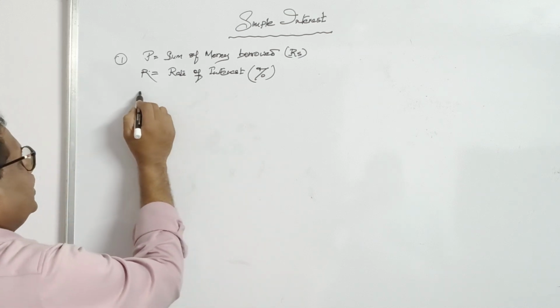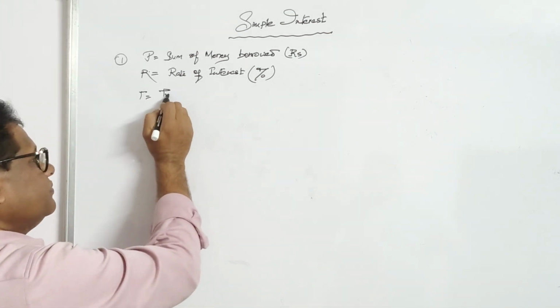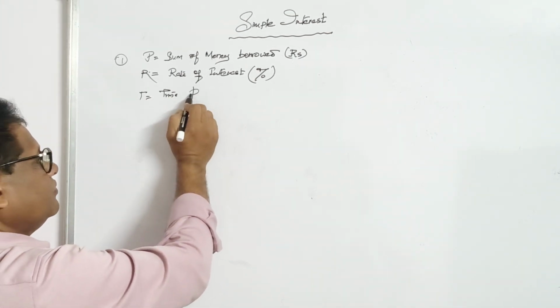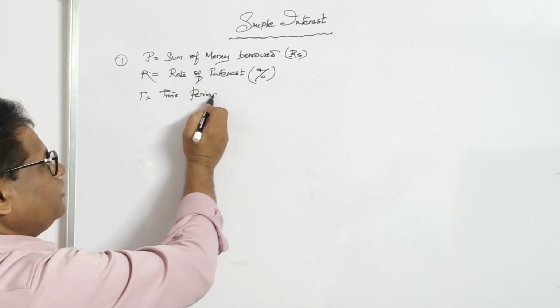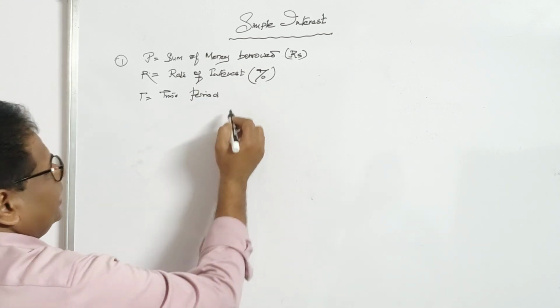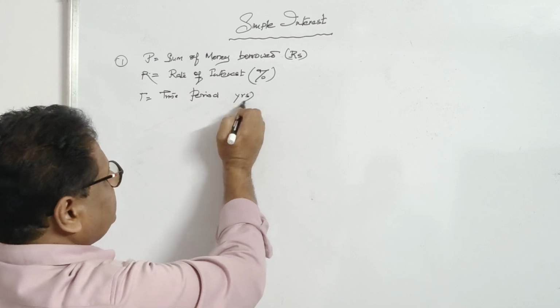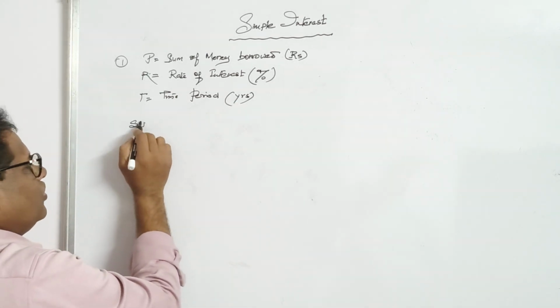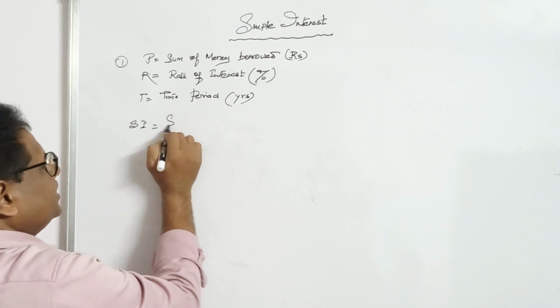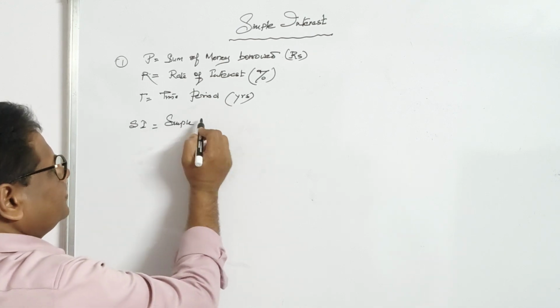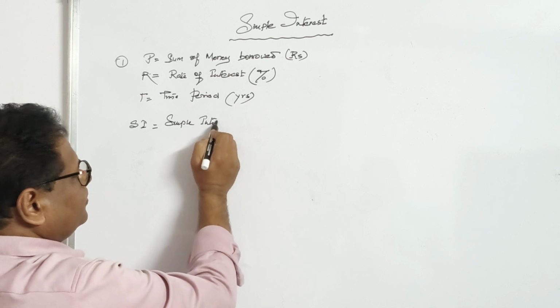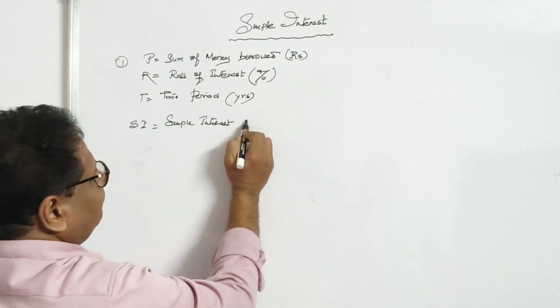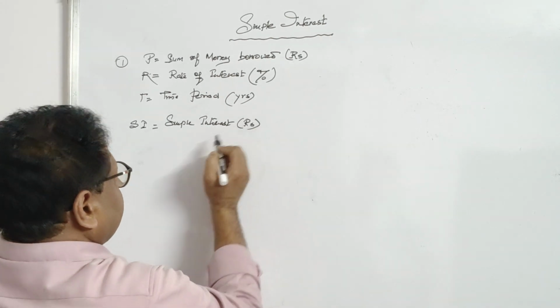T is the time period, that means the period for which the interest is calculated. This is normally in years. And we have the expression for SI, that is simple interest, which is also in rupees.